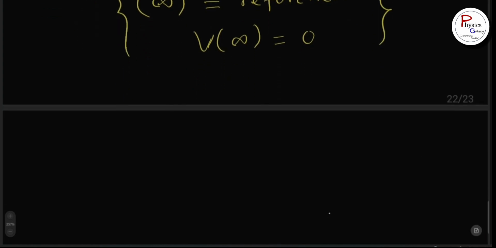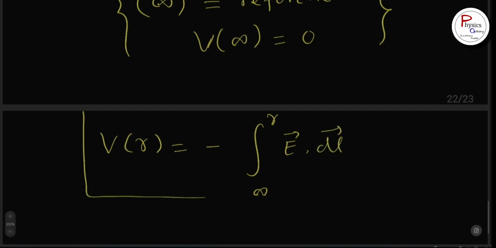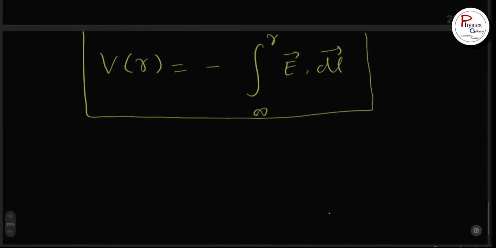So the potential at r equals minus integral from infinity to r of E dot dl. This is the definition of the electric potential function in electrostatics.